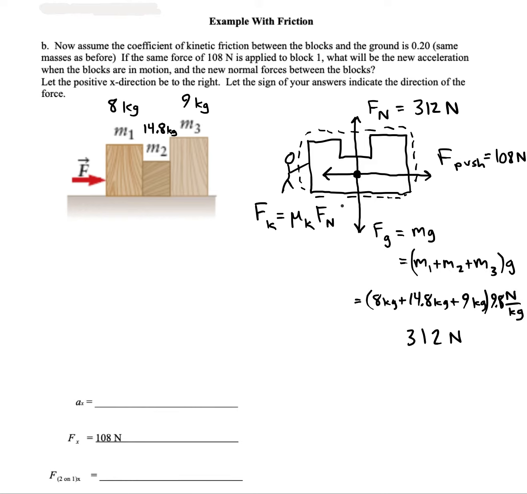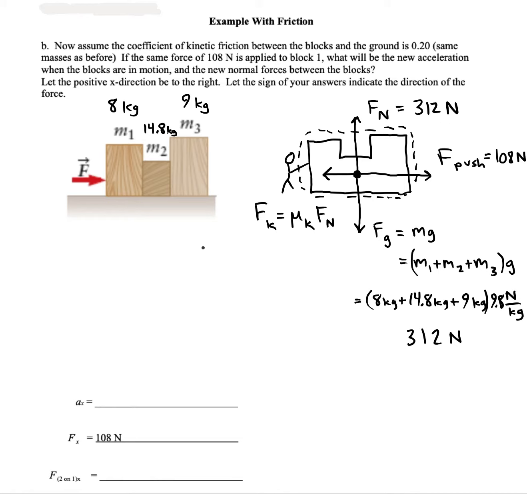And then it also depends on the normal force, how much force there is between these surfaces. So the harder they're being pressed together, the more friction there could be. So that's why I calculated the normal force, because I need that to calculate the friction.